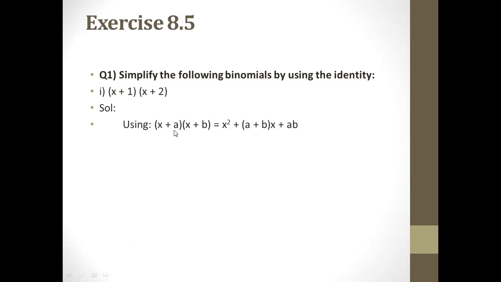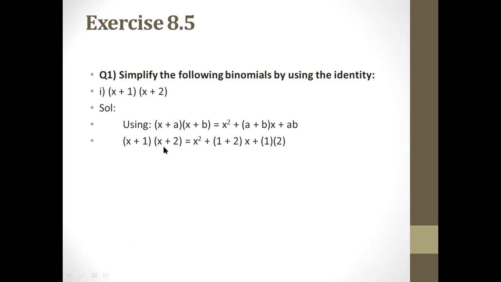Look, if I use this formula and solve, I will do x multiply x, x square, and then plus a plus b, so 1 plus 2 into x, and then plus 1 multiply 2. So we will get the answer like this, x plus 1 times x plus 2.